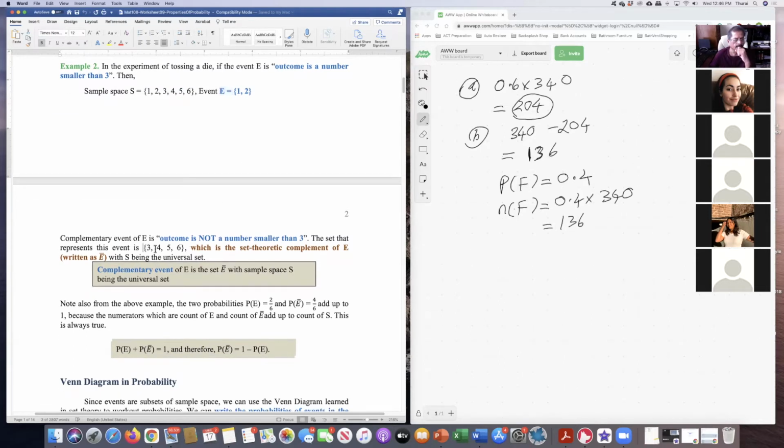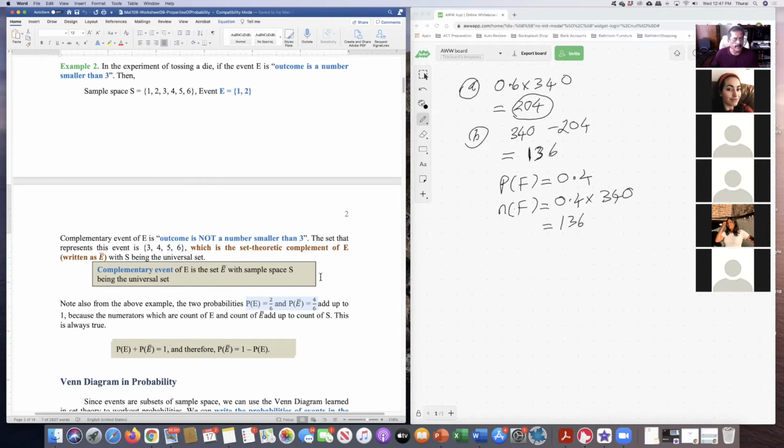So the complementary event is 3, 4, 5, 6, and the probability of that is going to be 4 over 6. Probability of E is 2 over 6. Probability of E bar is 4 over 6. You can see the numerators add up to 6 because they do have to add up to 6. If one is complementary to the other, then the number of elements in both events have to add up to 6. So if I add probability of E and probability of E bar, I'm going to get 1 always, because the numerators add up to the same as the denominator.